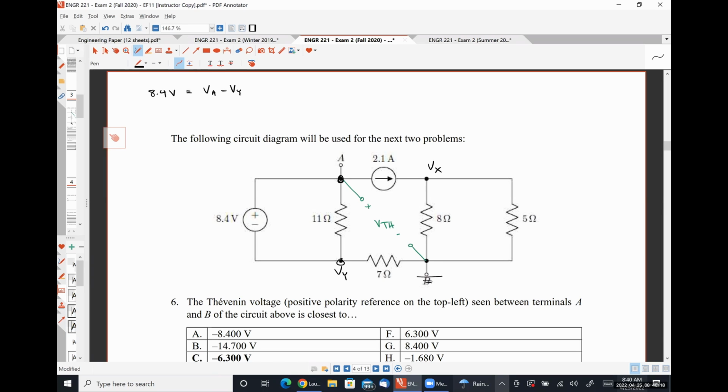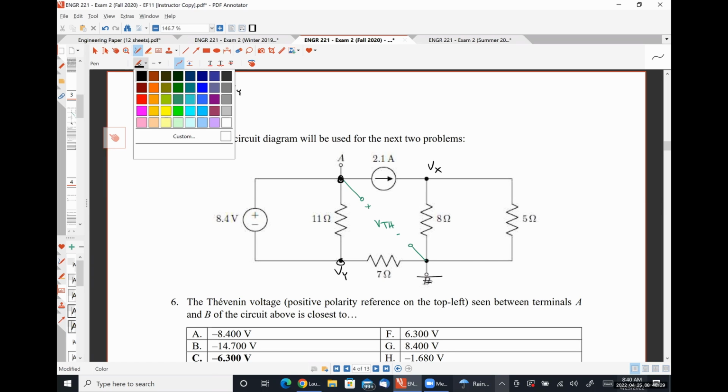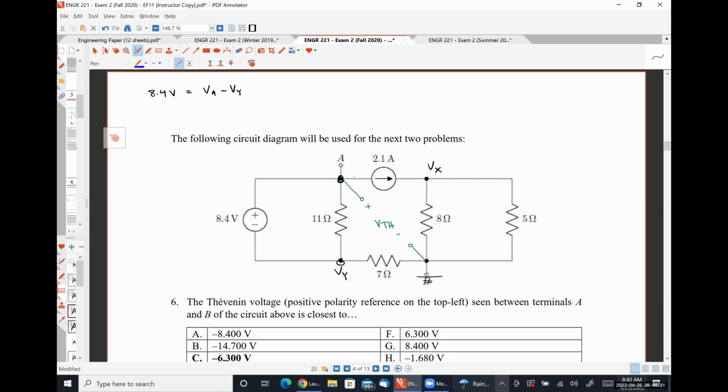I do have a supernode that does not contain my reference. So I'm going to be adding up the following currents. This guy and this guy, and setting them equal to 0. Now, some of you may be thinking, oh, well, there's current flowing through the 11 ohm resistor that you need to take account of as well.